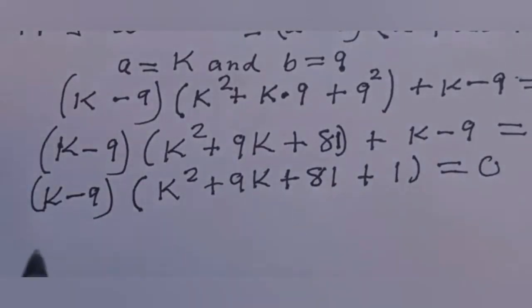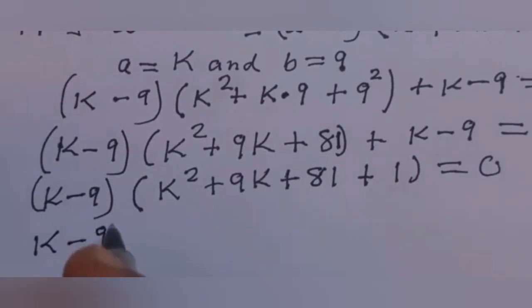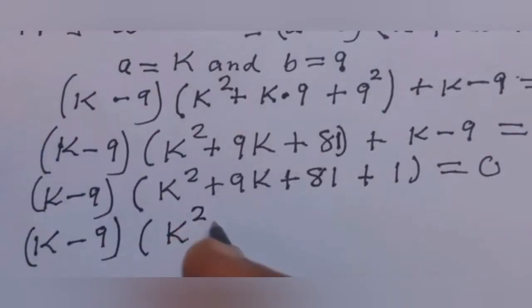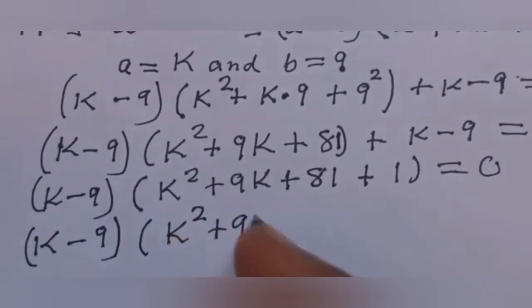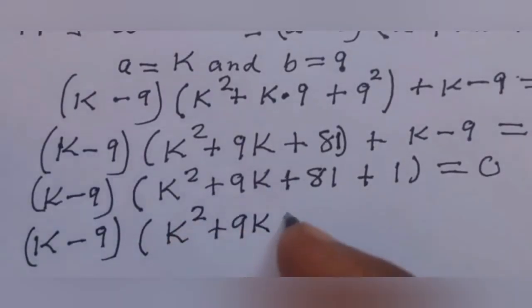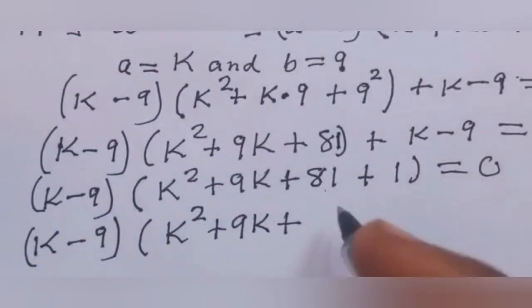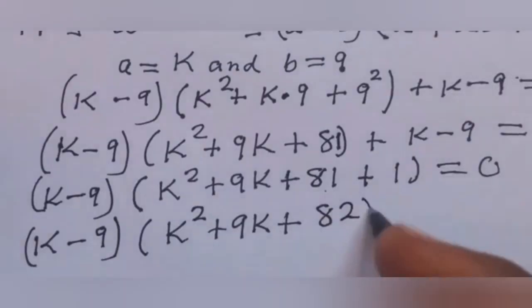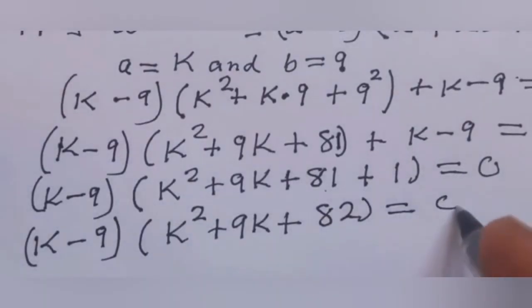So we have k minus 9 in the bracket, k squared plus 9k plus 81 plus 1, we get 82 equals to 0.